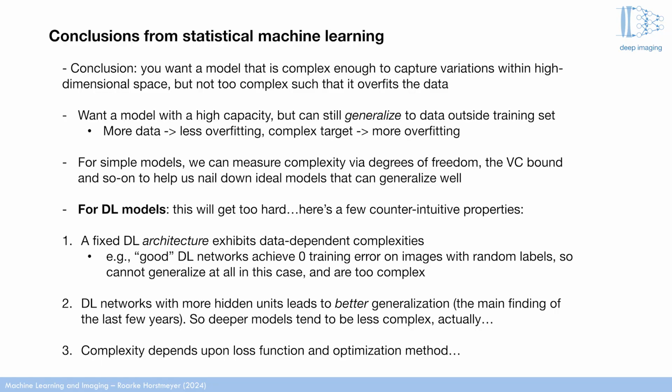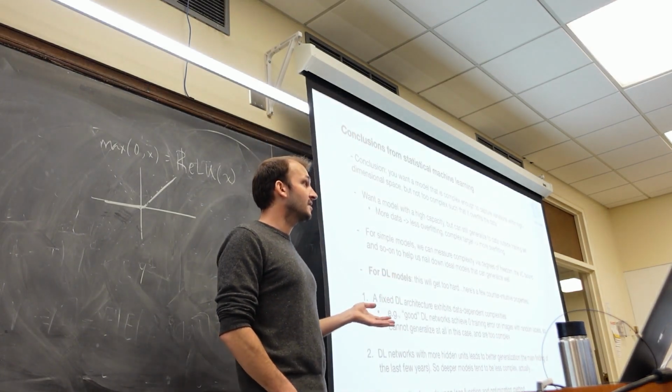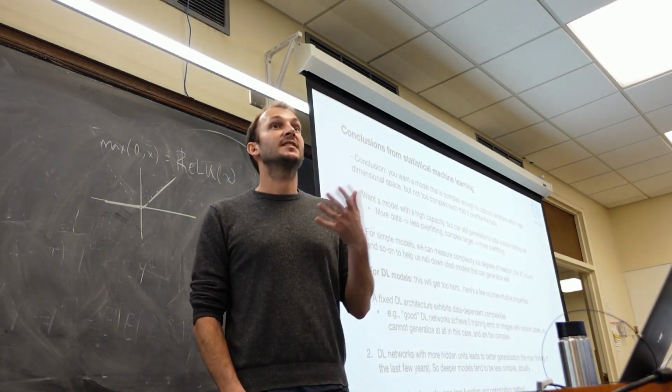Okay, and so the third tricky thing is this idea of capacity and complexity, how complex a model is. It isn't just, as I've been saying, this nth order polynomial. In reality, it also depends on the loss function you select, right? And the type of optimization procedure you're using, which type of gradient descent, for example, what's the step size, all that.